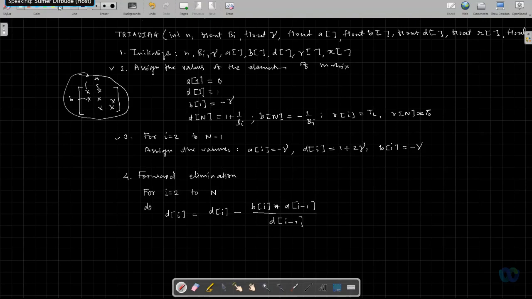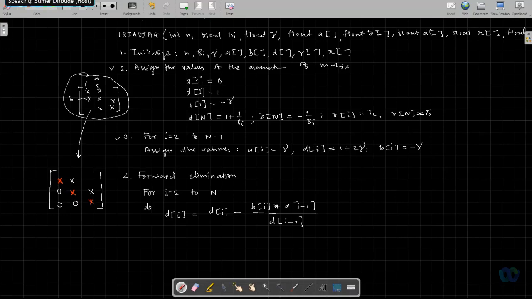By this elimination process, we convert this matrix into an upper triangular matrix. Since I have taken 2, these remain the same, but these are getting modified, and the rest got eliminated.